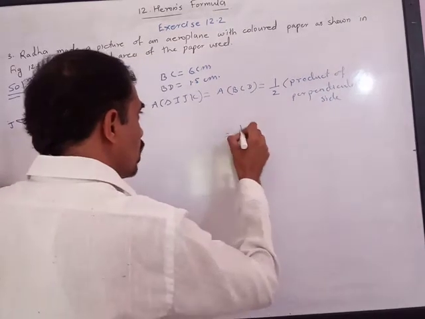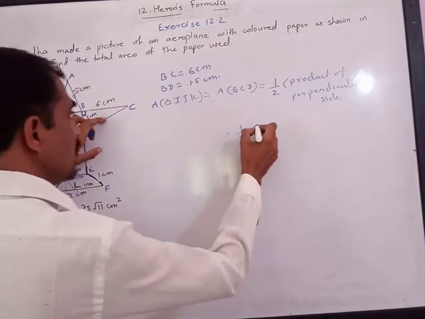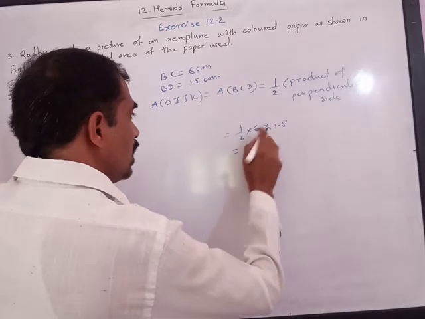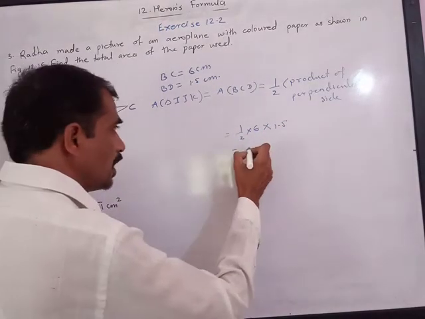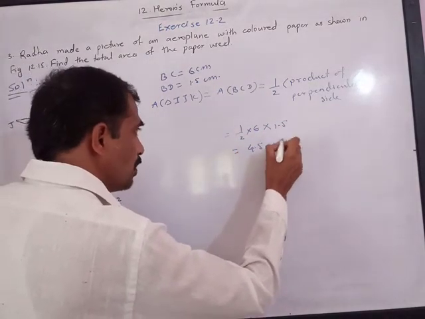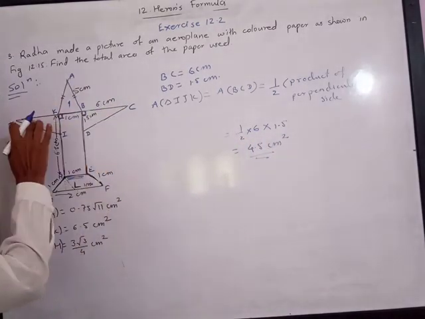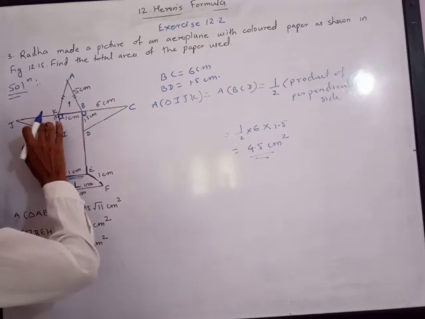So this is equal to half into 6 into 1.5, which is 3 into 1.5, that is 4.5 centimeter square. The area of this triangle is also 4.5 centimeter square.